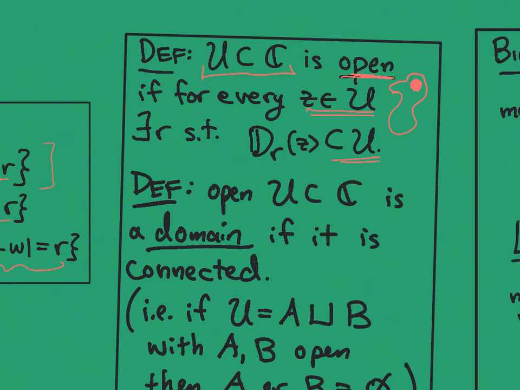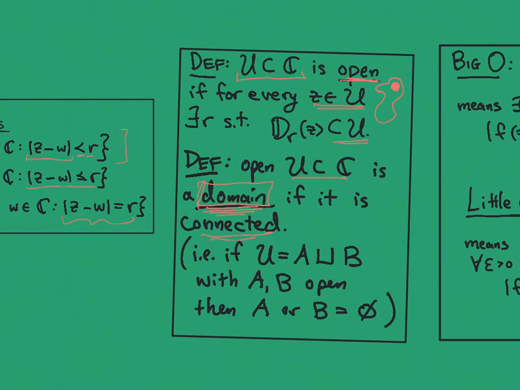And we also will be using sets called domains, and this is maybe poor terminology, but it makes a little sense because the holomorphic functions that we'll be studying usually have their functional domain as what we're calling a domain here. So an open set will be called a domain if it's connected.